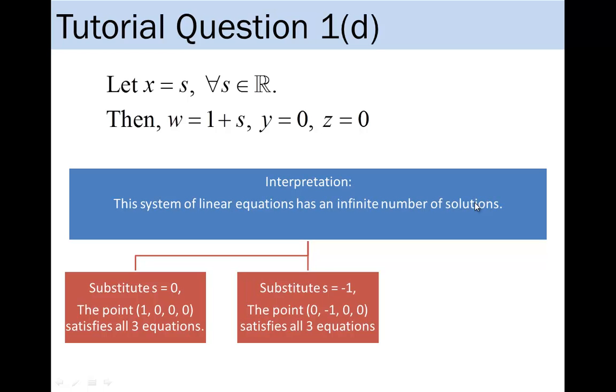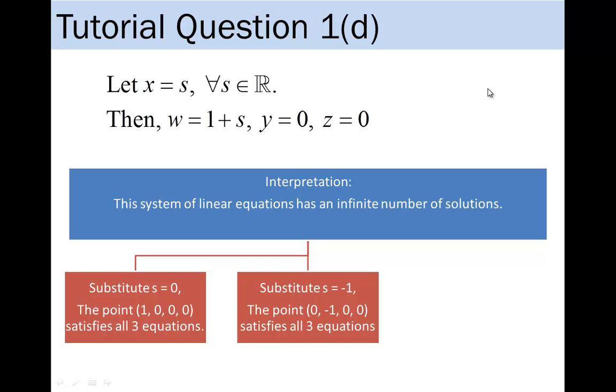I can also substitute in s equals -1. Then x equals -1, and w equals 1 plus -1, which is 0. So the point 0, -1, 0, 0 must satisfy all three equations.